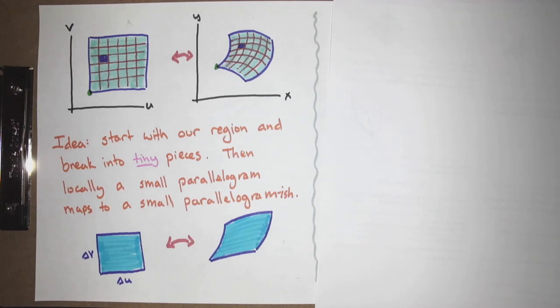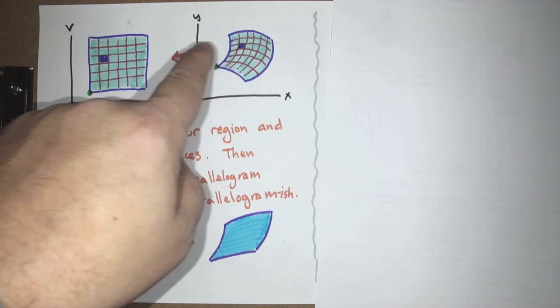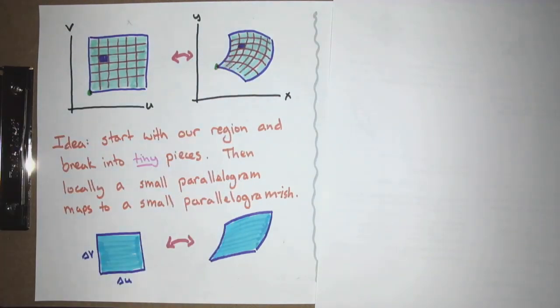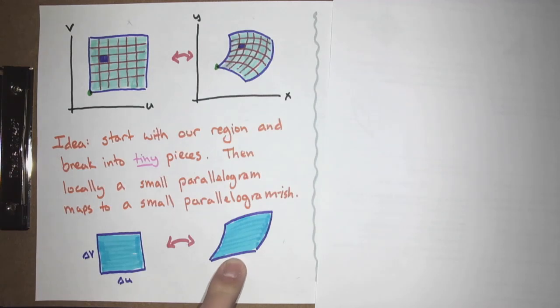So we're thinking about breaking up into little pieces. How does that affect everything? We're going to take just a little tiny piece and see what happens to it. Now, why a little piece? Because when you look at a little tiny piece, things behave pretty reasonably well. If you start with, say, a parallelogram on this side, where you have a little bit of change in u and a little bit of change in v, on the corresponding piece, it's parallelogram-ish.